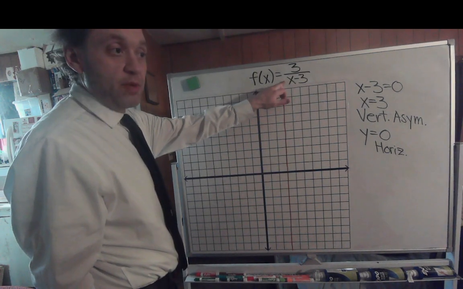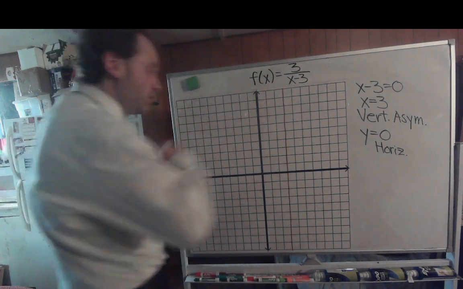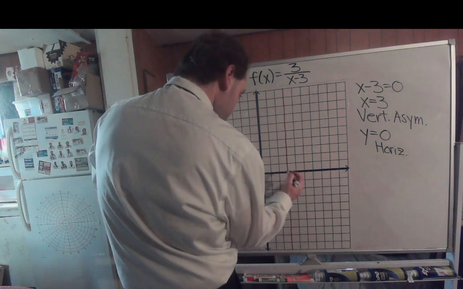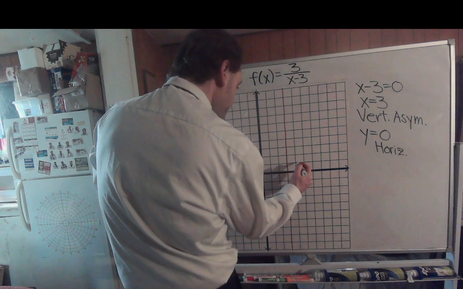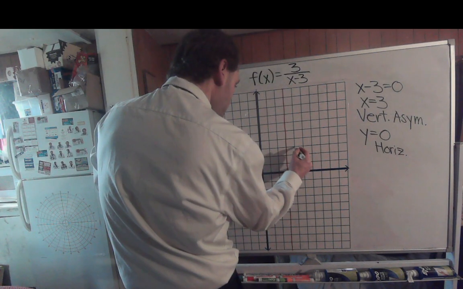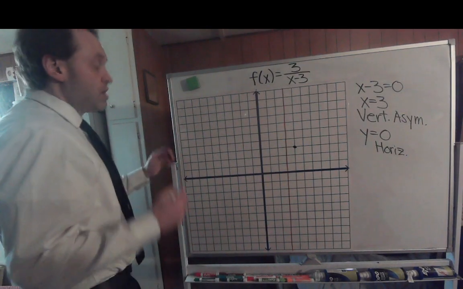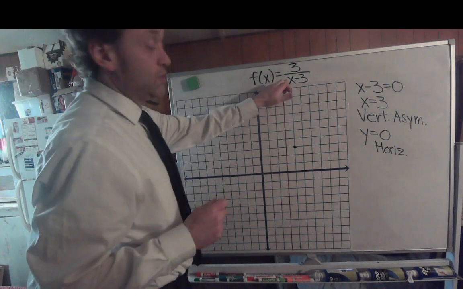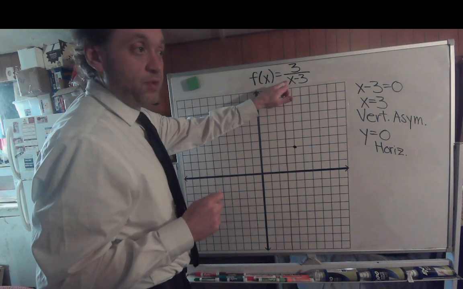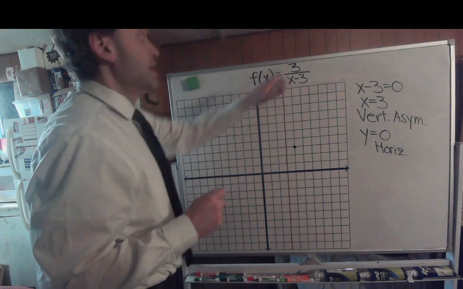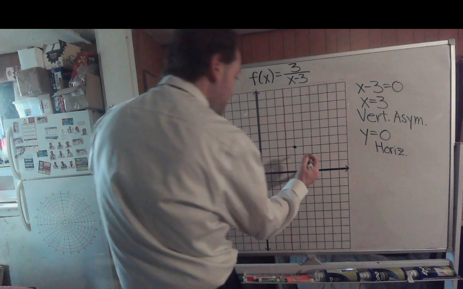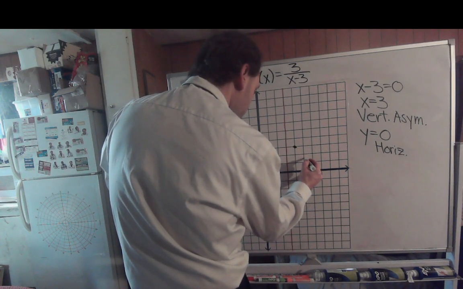So what is 4 minus 3? That's 1. 3 over 1 is 3. So at 4, you'll have a y value of 3. All right, so now what about when x equals 5? Well, what's 5 minus 3? That's 2. You would get 3 halves when x equals 5. So that'd be 1.5.